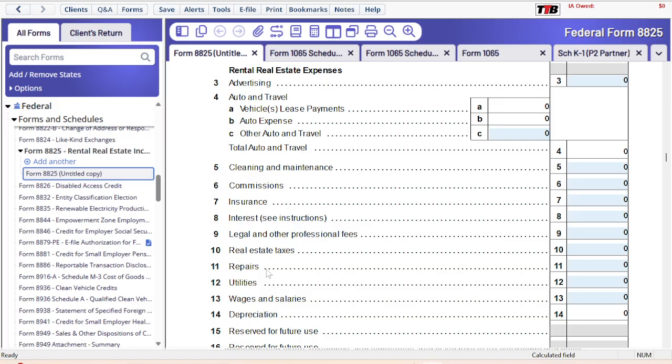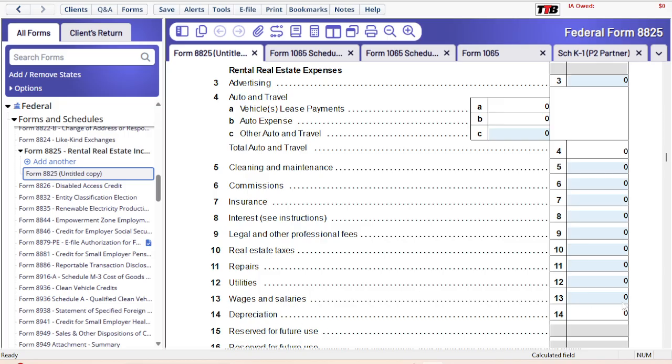A tenant calls you and you call a plumber to fix it, or you fix it yourself, but you went and bought some parts. Those parts will go here, but you are not going to pay yourself labor there. But if you call a plumber, yeah, you have those repairs that will go there. Utilities that you pay between tenants will go there as well.